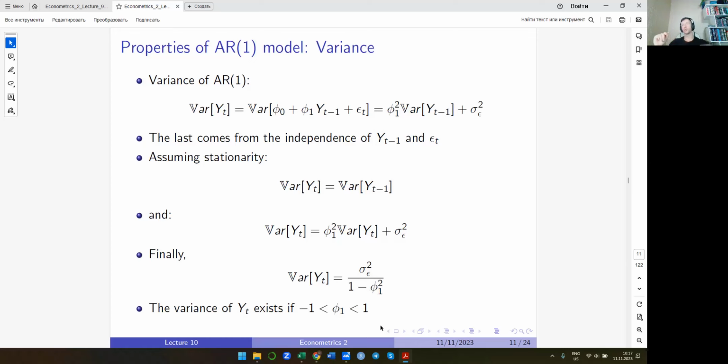Phi1 should not be 1, and phi1 should be bounded between minus 1 and 1, not included. Phi1 can be 0, but then the model is redundant. Otherwise, what happens? The variance is going to be negative, which is forbidden. Negative variance is nonsense. Variance should be positive.